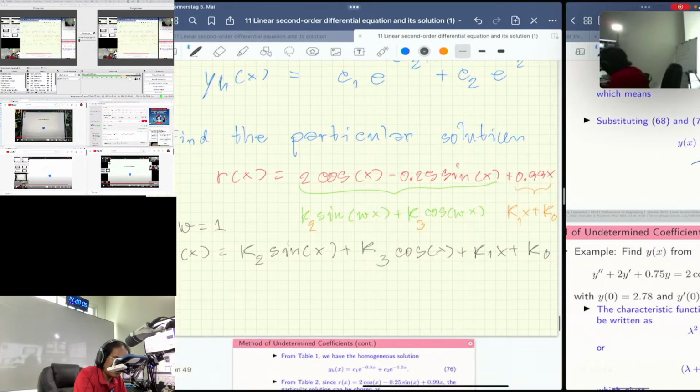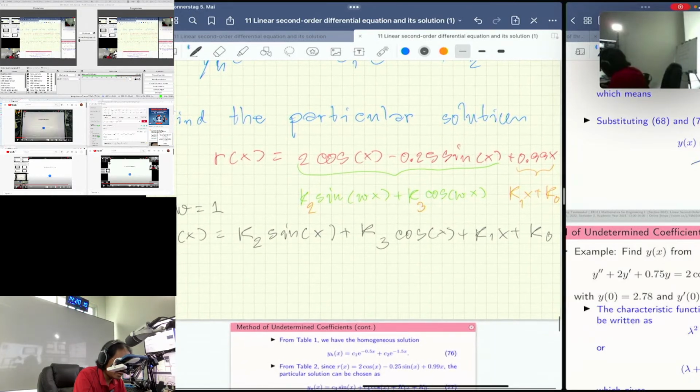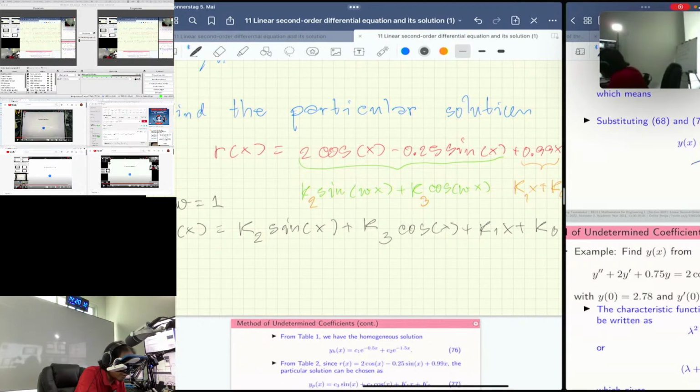Okay, we need to find yp prime. So yp prime(x) will be the differentiation of this term, so it's going to be k2 cosine x. Differentiation of cosine will be negative sine, so negative k3 sine x, and this one will be plus k1.